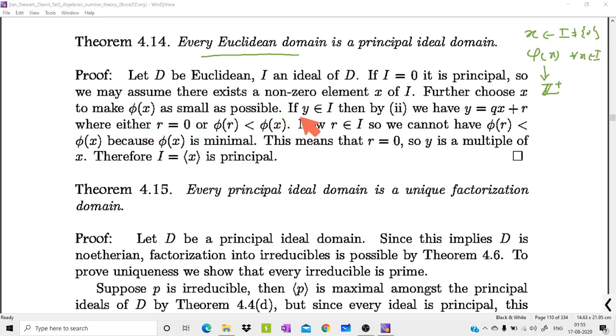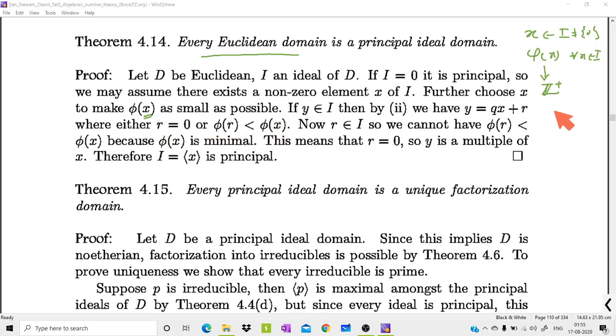Then choose such an element x. If y belongs to I, then by the second requirement we have y equal to qx plus r. Here x is the element such that phi of x is the smallest. Then any arbitrary element y belonging to I can be written as qx plus r, such that r equal to 0 or phi of r less than phi of x.